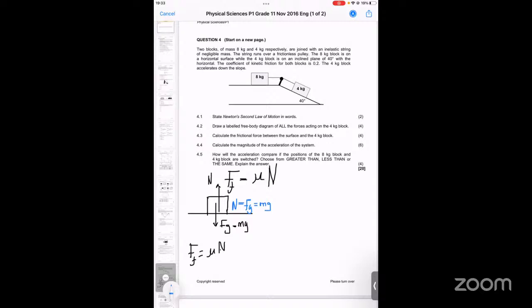Because this object is not moving up or down, so the normal force is balanced with the FG. Then it would mean you will say mu multiplied by mg. That will give you whatever value, but you just need to remember that force is measured in newtons, so you need to say N in the end.